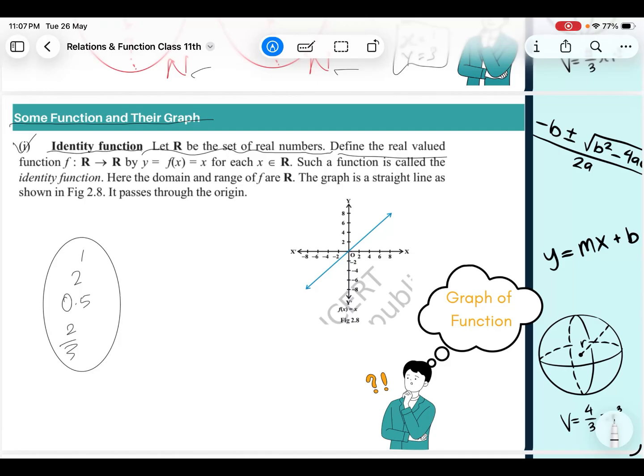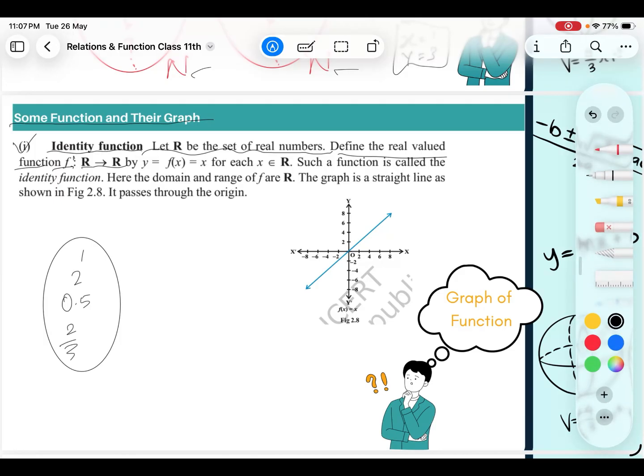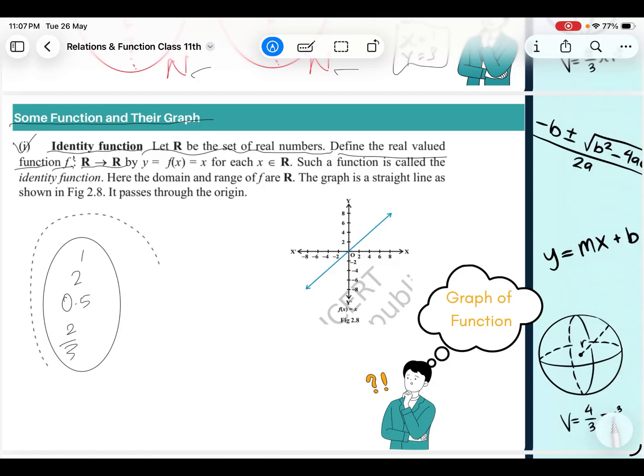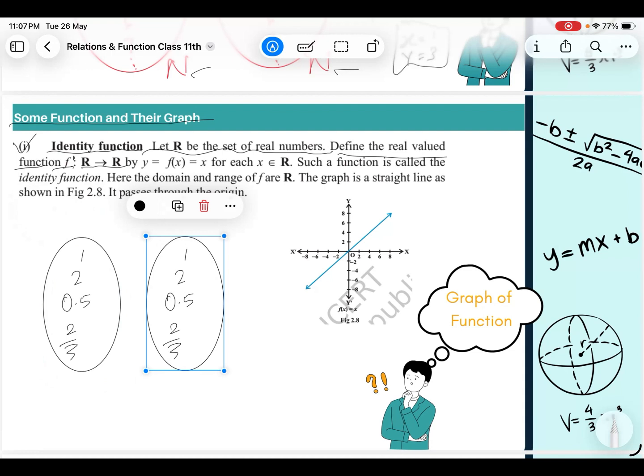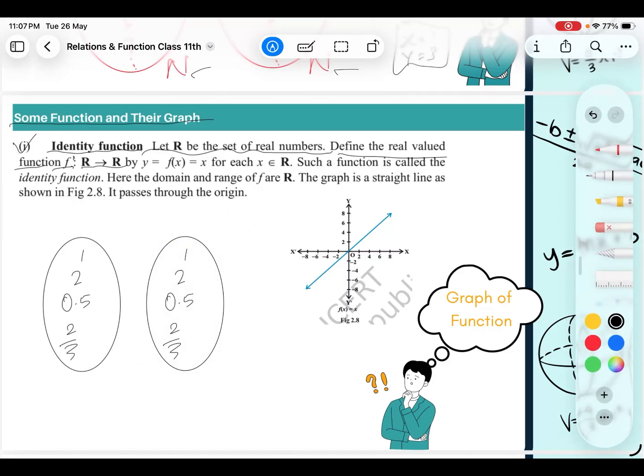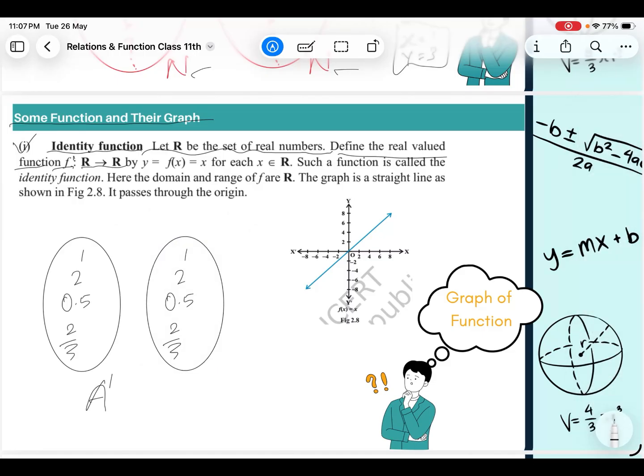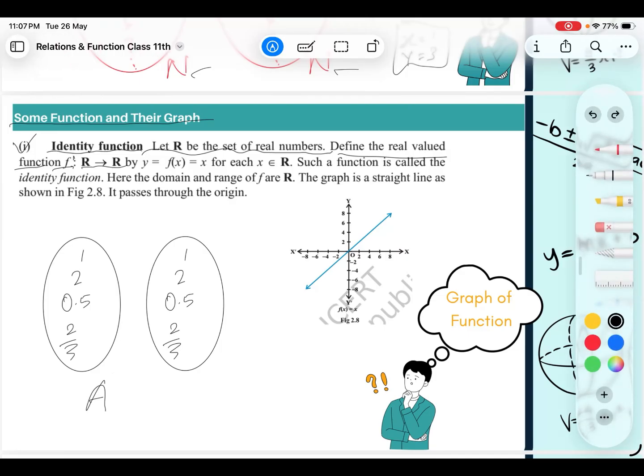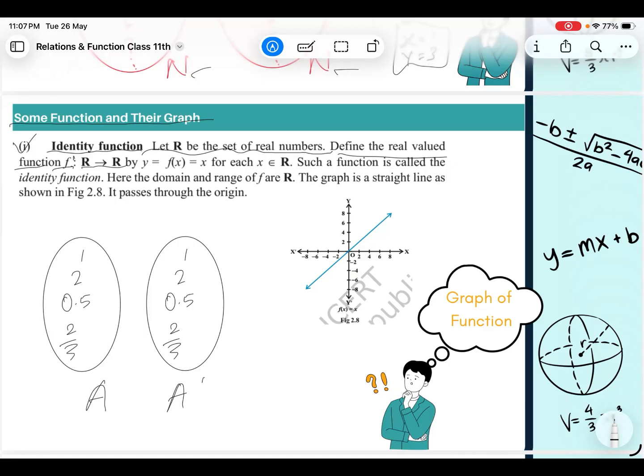Define the real valued function f such that R to R, meaning here R and then again R. So we have to take elements from this set to this set, for example, if this is a and this is a dash.